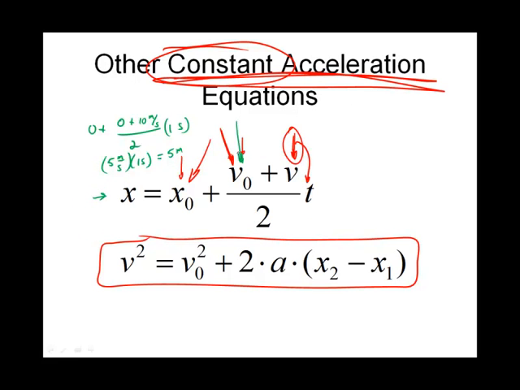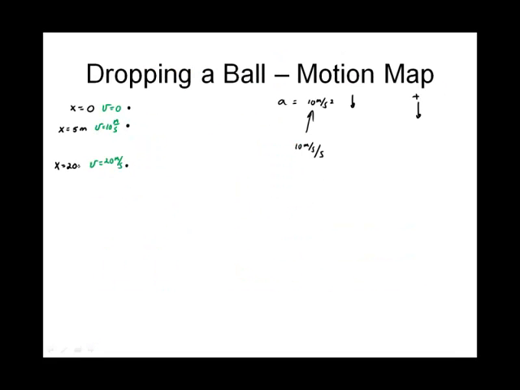I started off at 10 meters per second, now I'm at 20 meters per second. That's 30 meters per second. Divide that by 2, that's 15 meters per second. I've traveled for 1 second, so I've traveled 15 meters. But I started at 5 meters here, so I've traveled 15 more meters, so I must be at x equal to 20 meters.